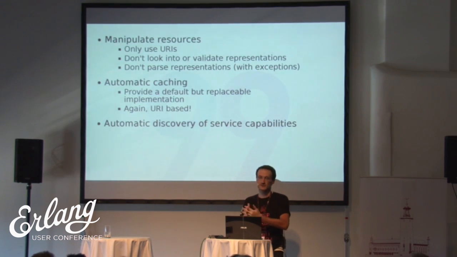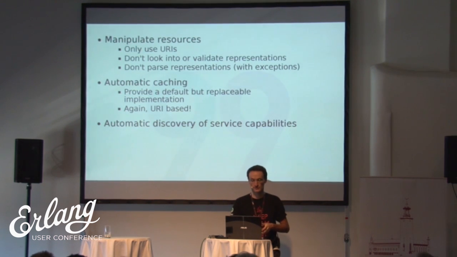It doesn't matter if we receive JSON or anything, except in one case, which is actually just below, when we want automatic discovery of service capabilities. That's when we will, of course, need to look at what it's actually sending us. But otherwise, the main function that you will use will take a media type, take the representation, the data, and send it or request it.